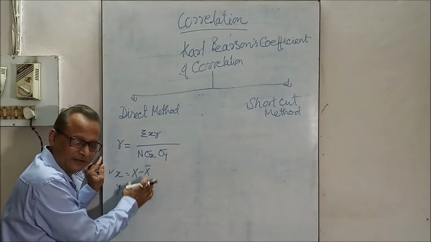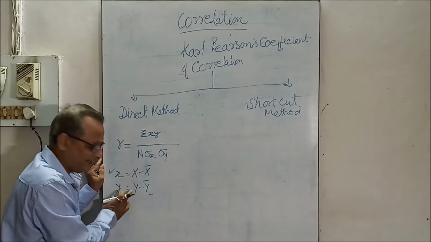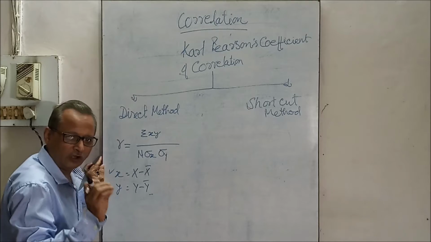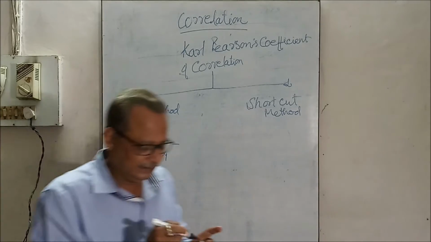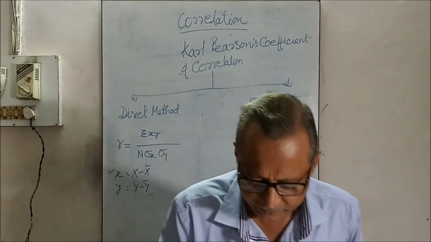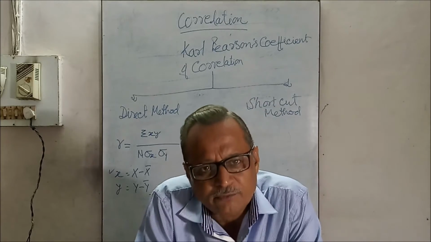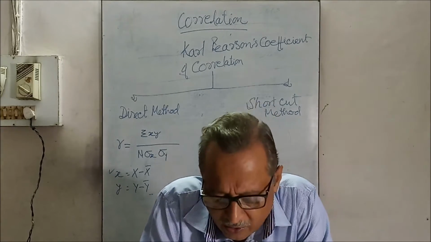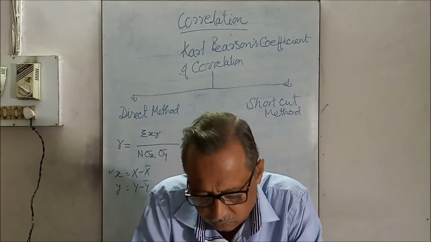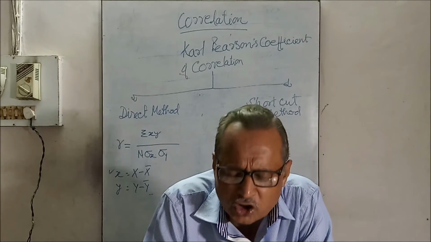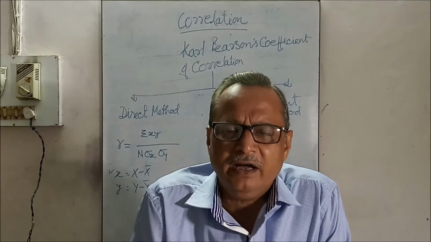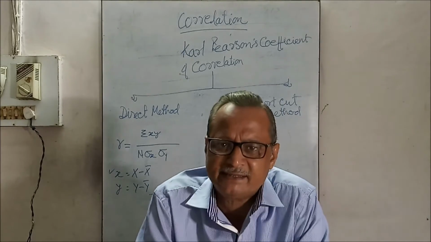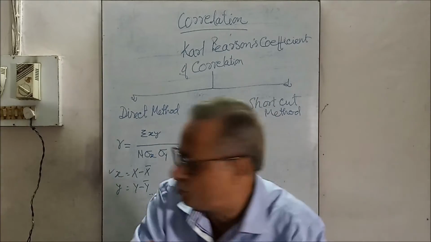The deviations x and y are then multiplied, and the total of that gives sigma xy. That is, the coefficient of correlation is calculated by dividing the sum of the product of the corresponding deviations of the various items of the two series.